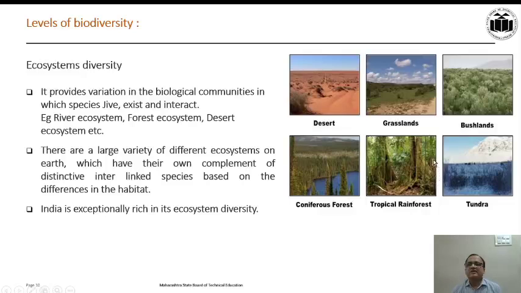Now here, different ecosystems are given in picture form. Desert ecosystem, this is grassland ecosystem, bushland ecosystem, coniferous forest, tropical rainforest, and this is the tundra ecosystem.